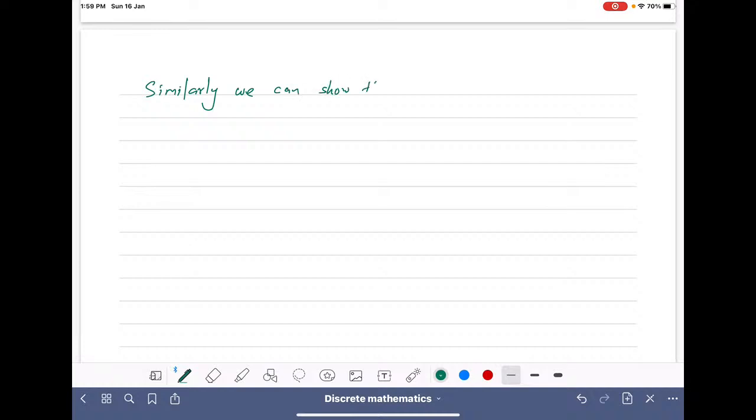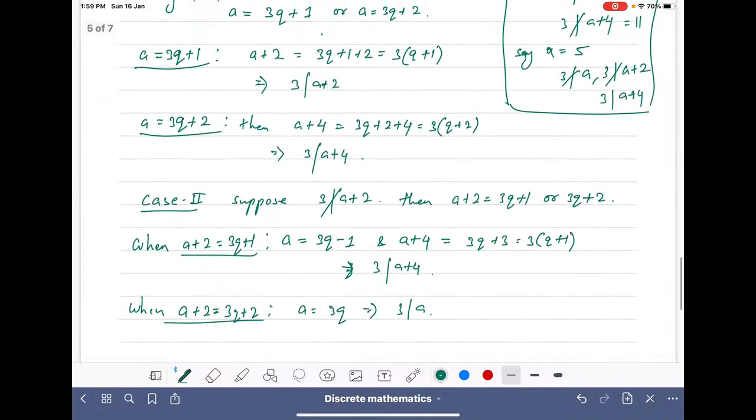We can show that when a plus 4 is not divisible by 3, either a is divisible by 3 or a plus 2 is divisible by 3. So I think we are done.